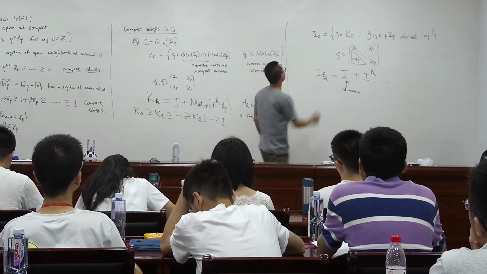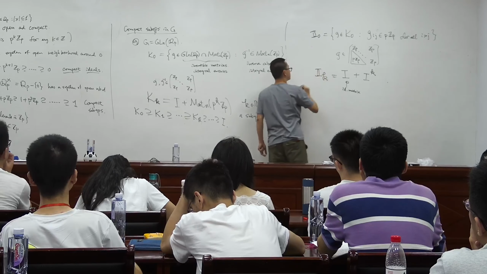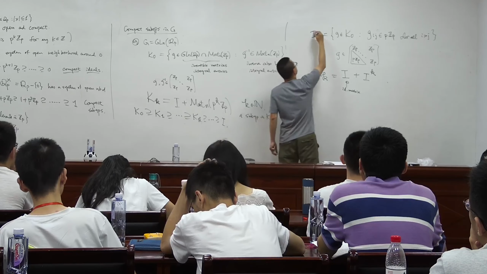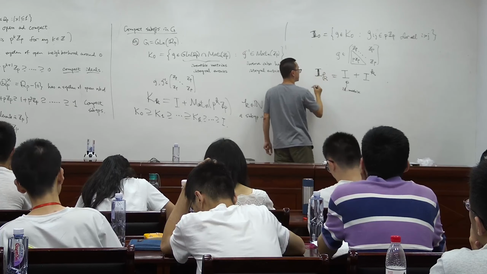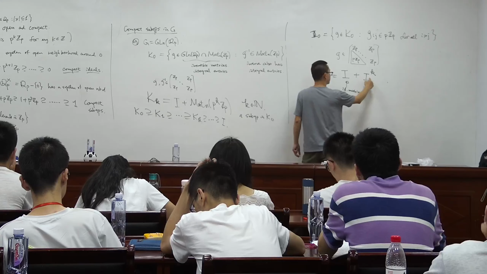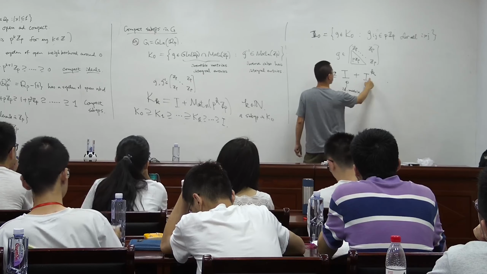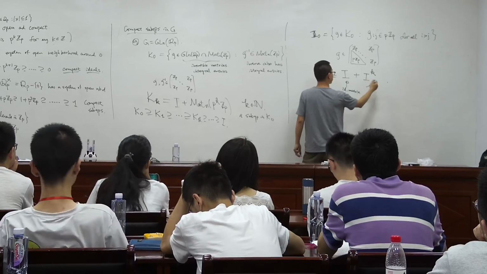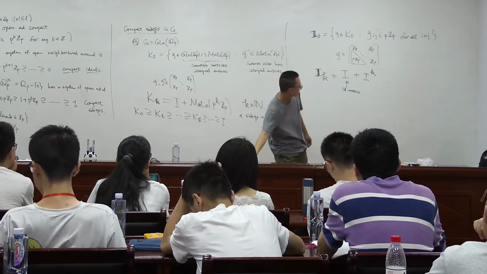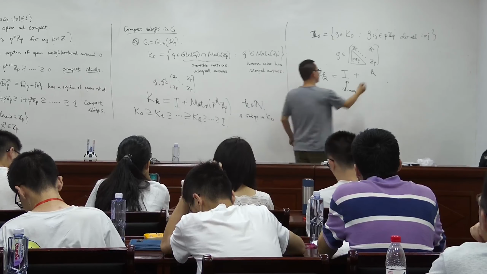What if I just bold all the i's for subgroups? So I_0, I_k, and this is the identity matrix. But this one, let's see, I use J maybe. Sorry about the confusion.